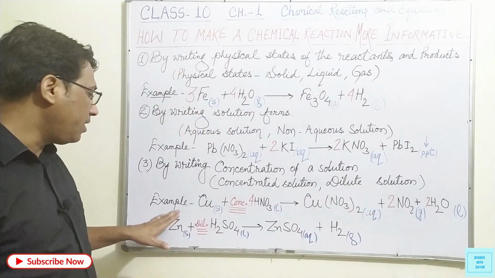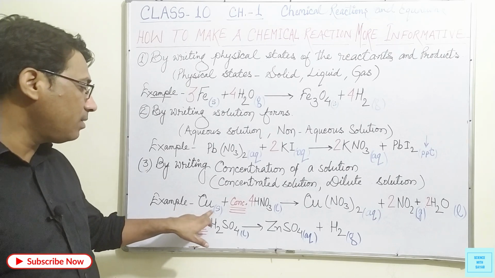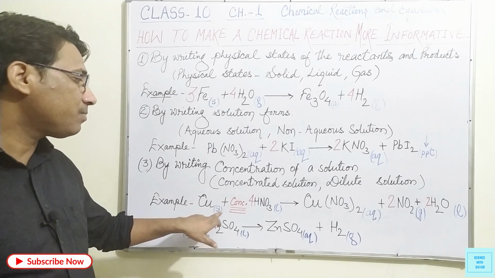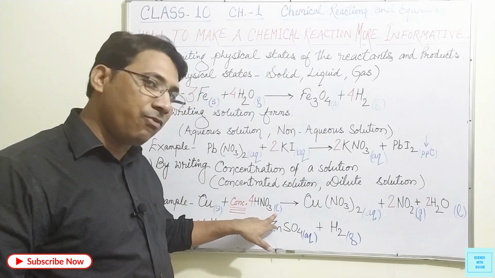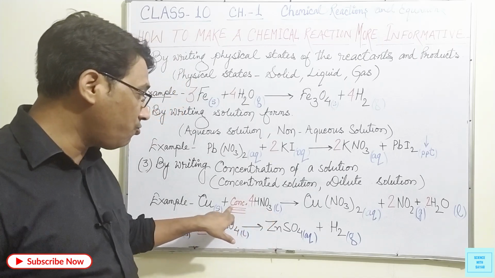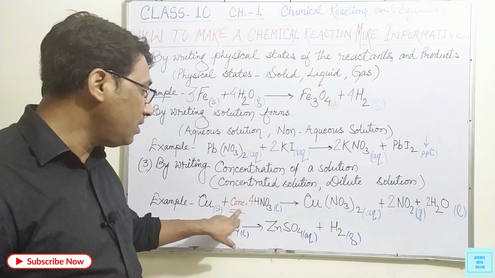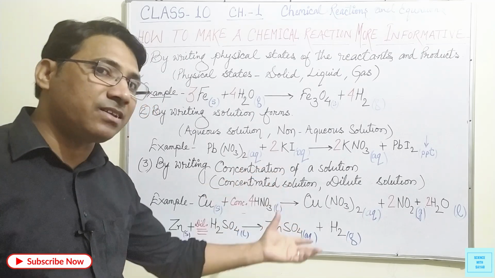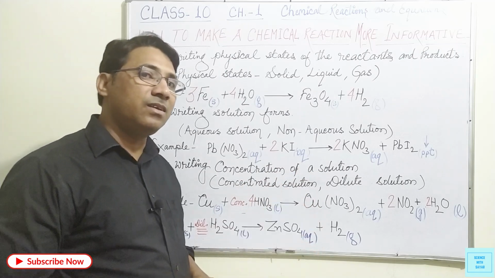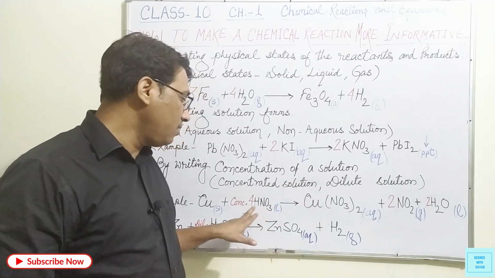equation more informative. For example, copper, that is in solid form, HNO3, nitric acid, that is liquid form, and this is concentrated. It means it is dissolved, it is mixed in water, but this is concentrated.